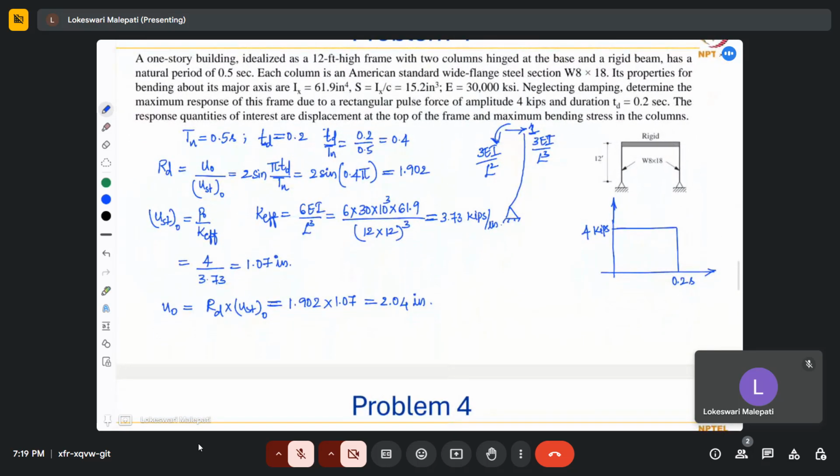Here we have used this expression because we have a TD value which is less than the natural time period. If the TD value is at least half of the natural time period, then the maximum displacement factor would be simply 2. Since it's very small, the maximum displacement occurred during the free vibration phase. So this expression is valid for the free vibration case.